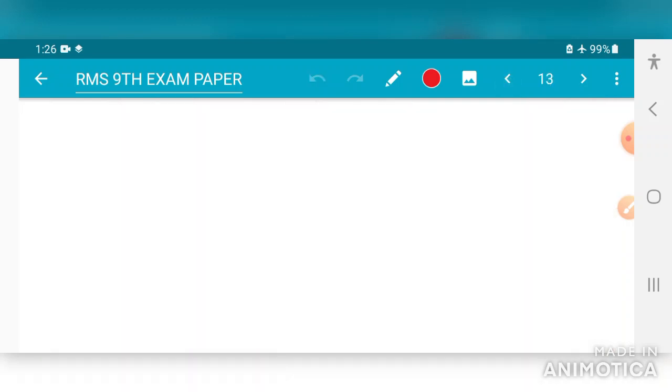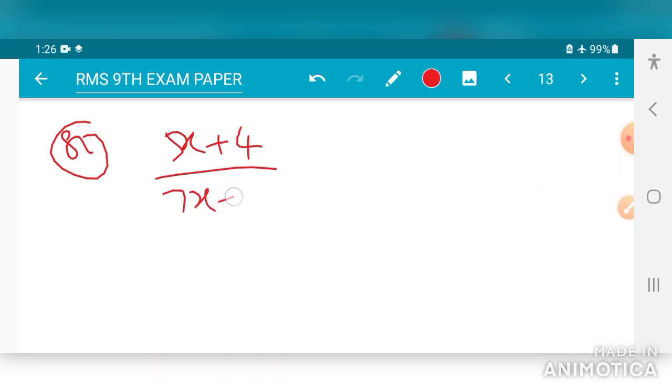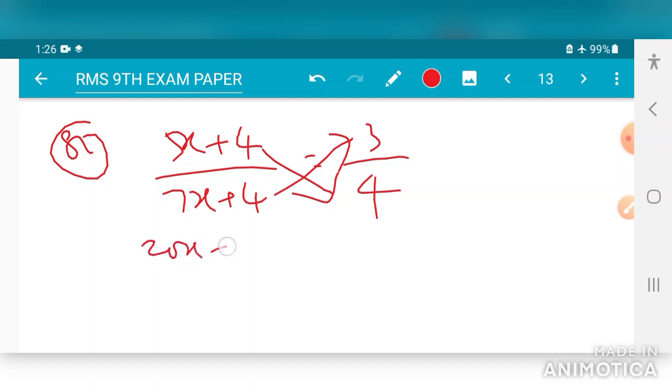That means (5x + 4)/(7x + 4) = 3/4. This is given to us. By cross multiplying, 4 times 5x is 20x plus 4 times 4 is 16, equals 3 times 7x is 21x plus 3 times 4 is 12.